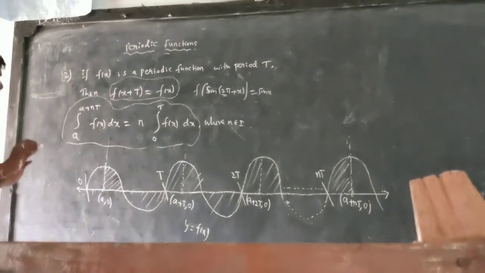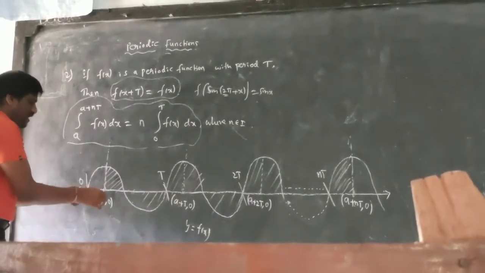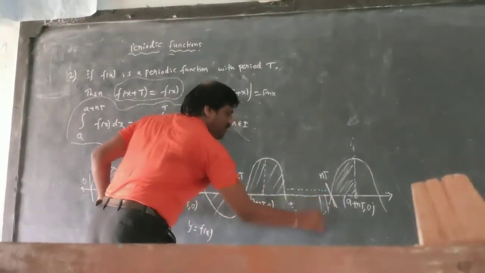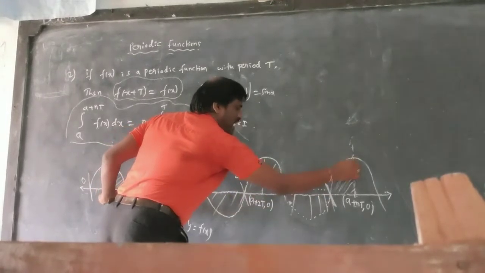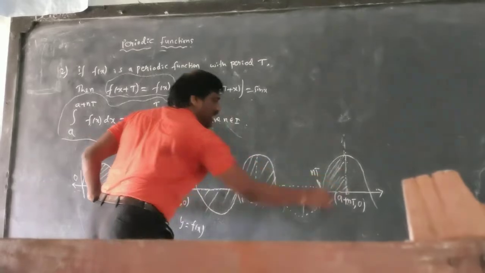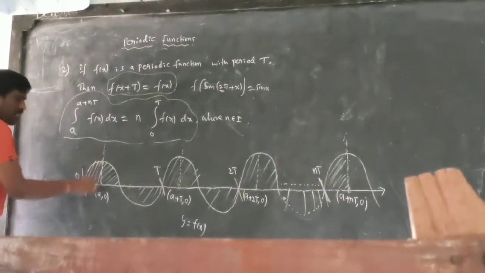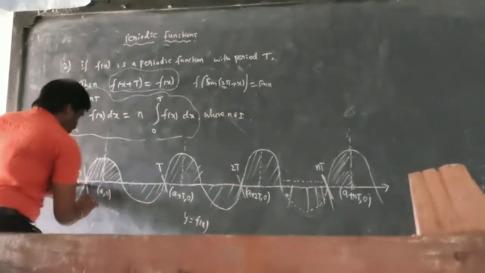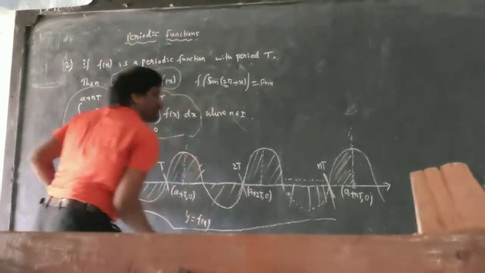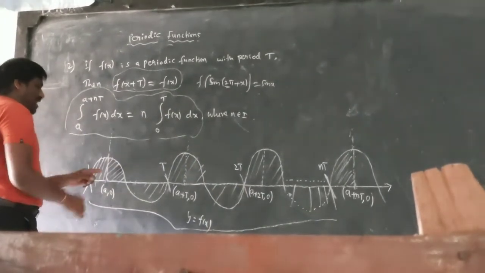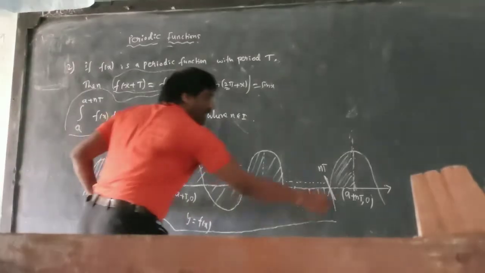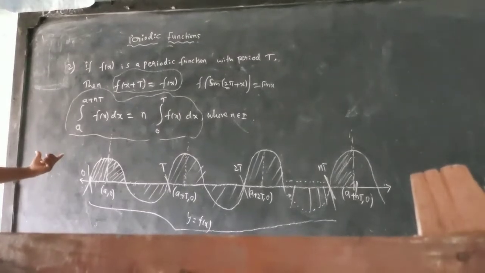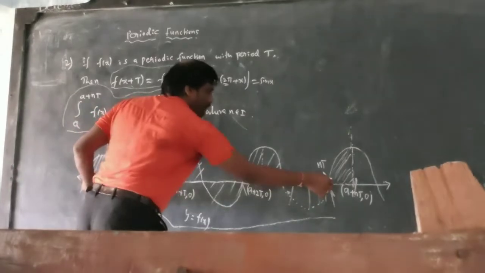Instead of finding the area from here to here, if I take till nT, I want to find the area till here. If I join this extra area here, then the area from 0 to nT will also be equal to the area from A to A + nT. Both areas will be equal.